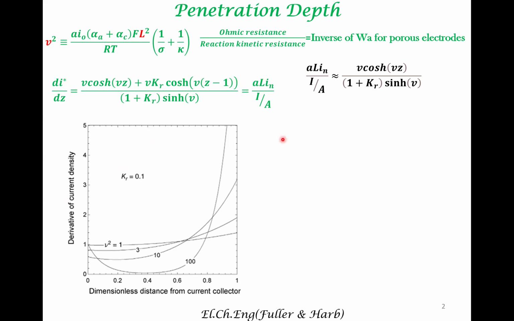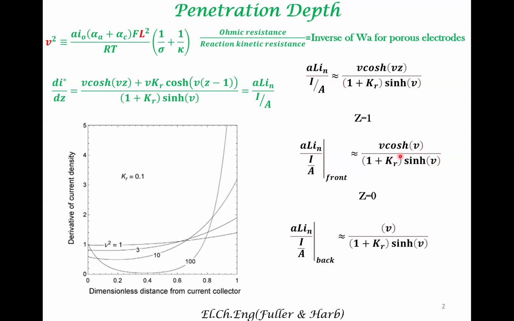So what we can say is that, supposing at z equal to 1, this quantity, which is a measure of reaction rate, at the front side of the electrode, when you plug z equal to 1 into this expression, you get this expression. And then for z equal to 0, that is the reaction rate in this section of the porous electrode, when you put z equal to 0 into this expression, you get this expression.